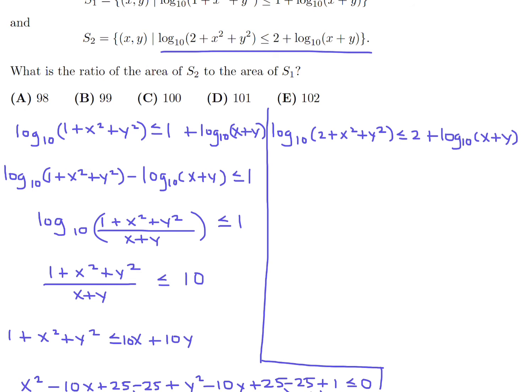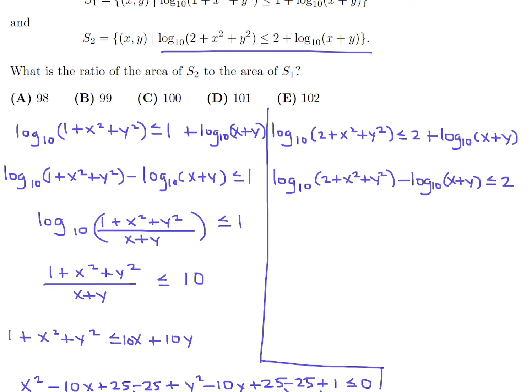Put everything on one side as before, and you'll get log base 10 of 2 plus x squared plus y squared minus the log of x plus y to the base 10 is less than or equal to 2.